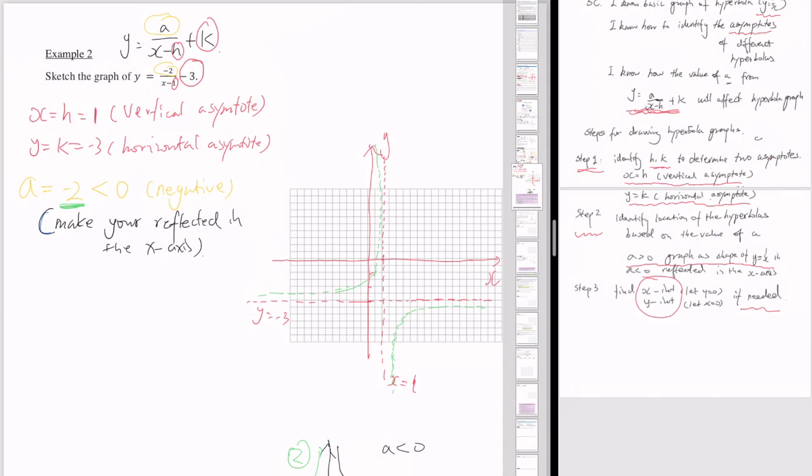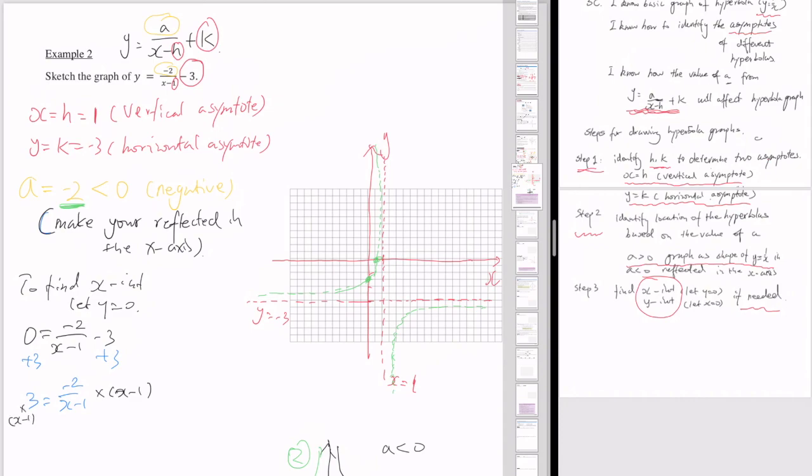Now again, we know there's one x-intercept and one y-intercept, so we just need to calculate where exactly they are. Coming to step 3, to find the x-intercept, I let y equal to 0. So now 0 equals negative 2 over x minus 1, minus 3. Plus 3 on both sides gives me 3 equals negative 2 over x minus 1, and we multiply by x minus 1 on both sides.